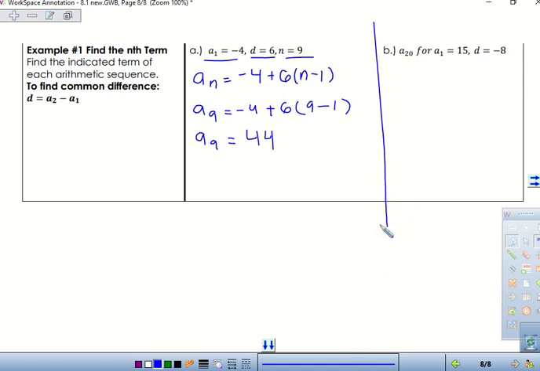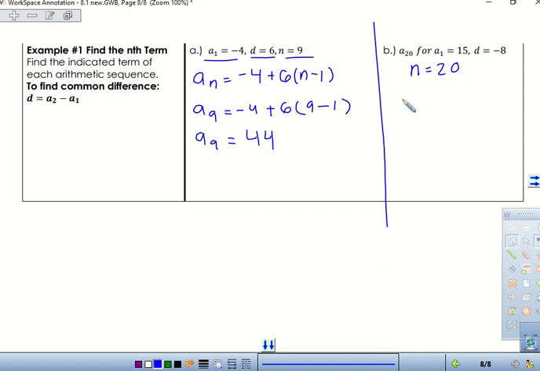And then for the last one, what term are we trying to find for B? They want to know the 20th term, right? So n equals 20.